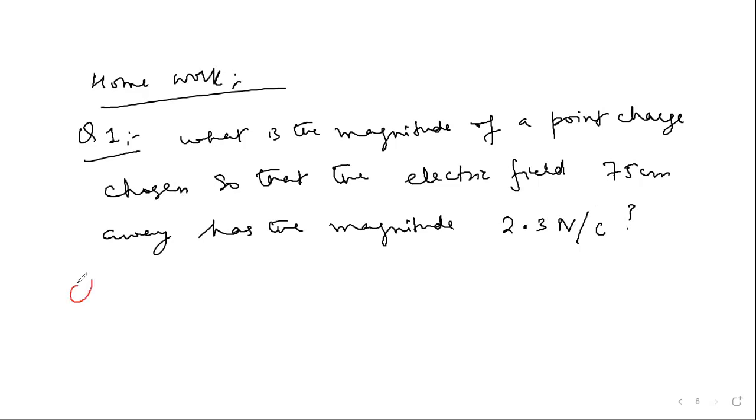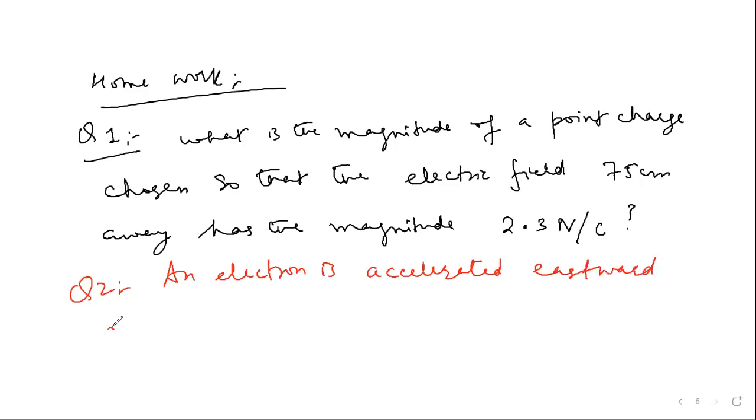Another question, question number 2. An electron is accelerated eastward at 1.84 into 10 raised to power 9 meter per second square by an electric field.